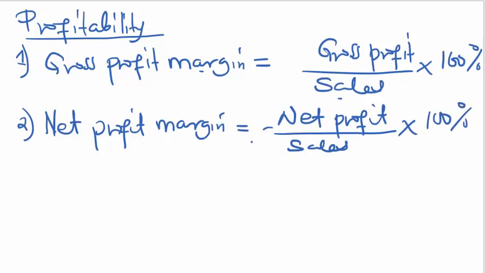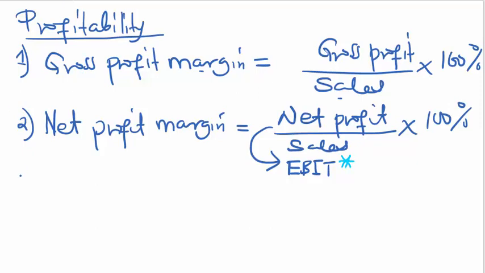To be more specific, this net profit is net profit before interest and taxes, or earnings before interest and taxes. This is important to note because we will refer to it where we're going.